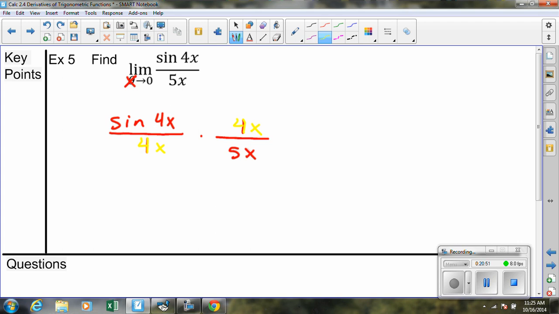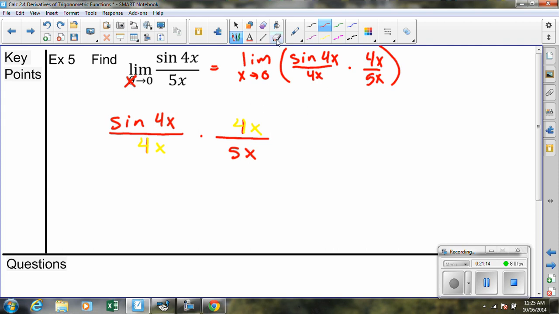This is a piece that, by employing this intermediary term, we could rewrite our limit as sine of 4x over 4x multiplied by 4x over 5x, and it's still the same limit.